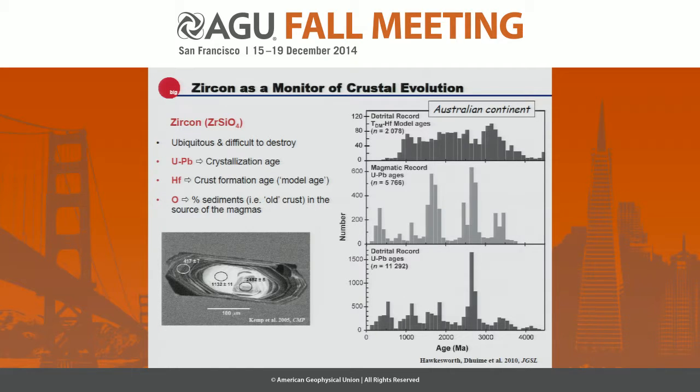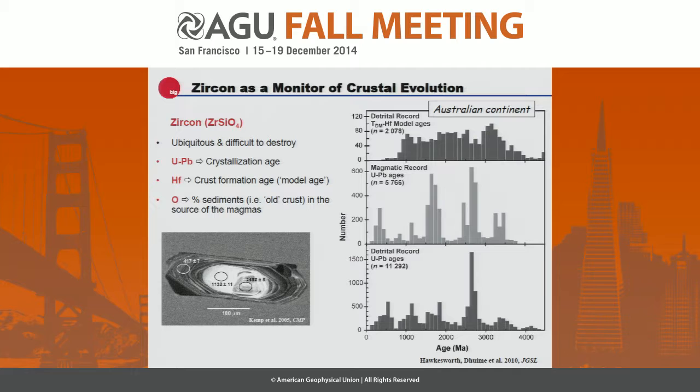But the point here is if you take the detrital record or the magmatic record, you're going to end up with a series of peaks and troughs. And they are pretty similar, and they are associated with the supercontinent cycles. Some people interpret those peaks and troughs as an increase in magma production and perhaps the growth of the continental crust. Some others believe that it might just be a preservation issue. I'm not going to discuss that matter here.